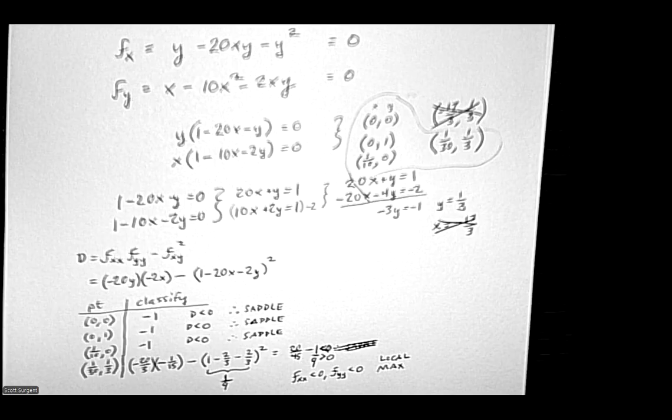This one works out, but still takes a bit of effort. You just kind of beat it with a stick until it works. We found a couple of solutions fairly quickly, and then you have to be clever with the other solutions. Then we checked them each using the second derivative test, checking the sign of D. So we had three saddles and a local max.